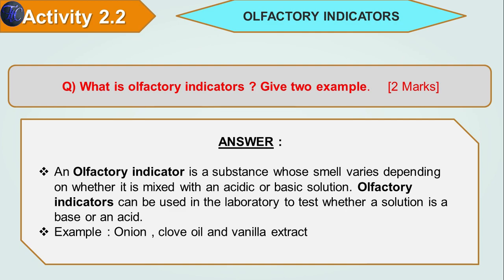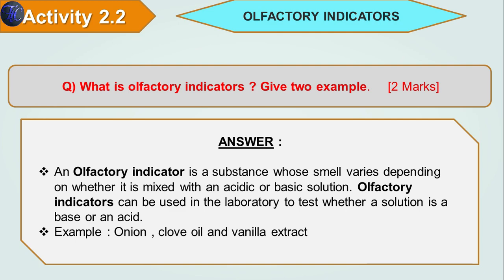What does this mean? An olfactory indicator is a substance whose smell will change if it is added in an acidic or a basic medium. Olfactory indicators can be used in a laboratory to test whether a solution is an acid or a base. This is another advantage of olfactory indicators. With their help, we can identify whether the given solution is acidic or basic.